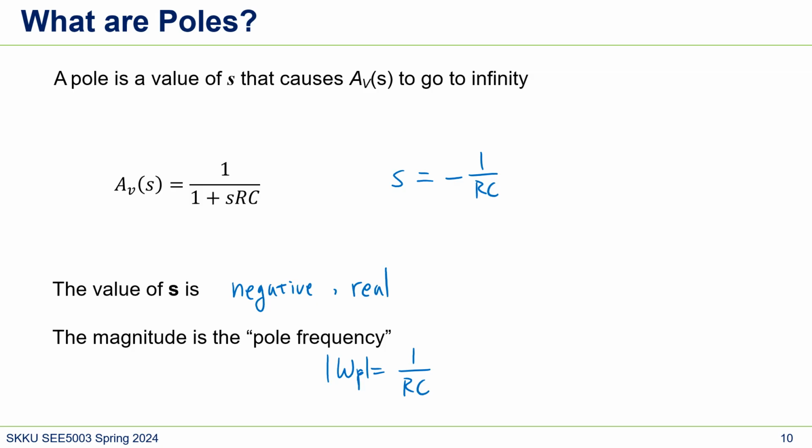In Razavi, they represent the pole as positive, but there are two different notations. Some people use this notation, or some people use the minus 1 over RC notation. It doesn't matter. It's okay to use both. But in our slide, we're going to use this one.